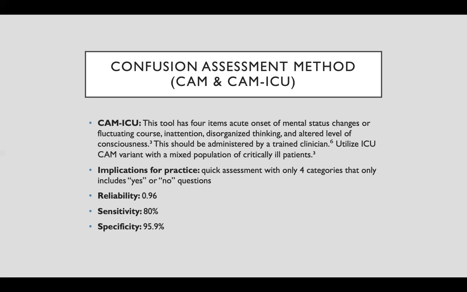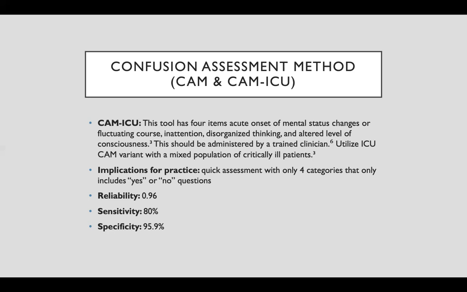So, just going a little bit deeper, this tool has 4 items, and those include acute onset of mental status changes or fluctuating course, inattention, disorganized thinking, and altered level of consciousness. This tool should be administered by a trained clinician, utilizing the ICU CAM variant with a mixed population of critically ill patients.